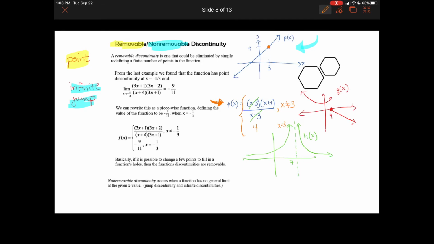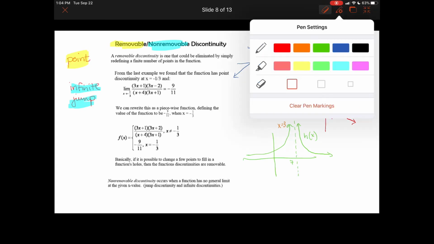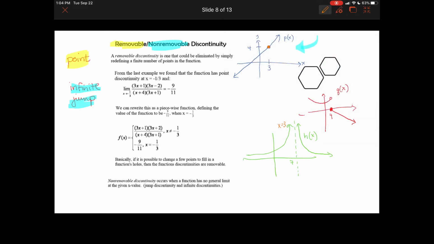You'll notice, though, for the remaining two graphs, if I had this red graph, q of x, there's nothing I could do to modify q of x to make it continuous at that point of discontinuity.